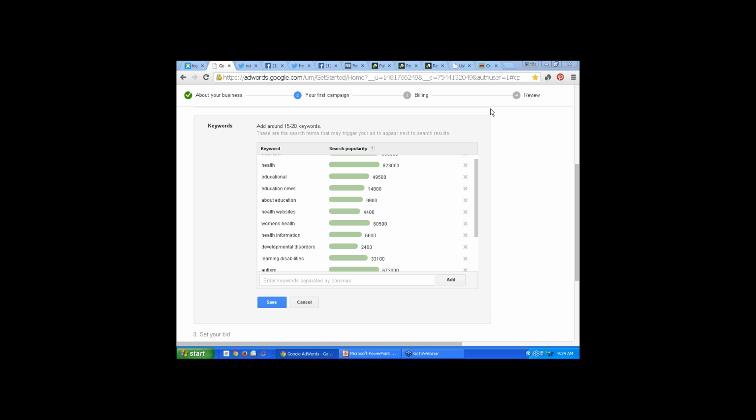So we can say, okay, the audience is looking at educational and education news. Those are pretty narrow. There's only 14,000 people per month that are looking for that particular topic. How about educational? Let's see. That's not so narrow, but it's not overly broad. Is there something that can help us identify an audience?